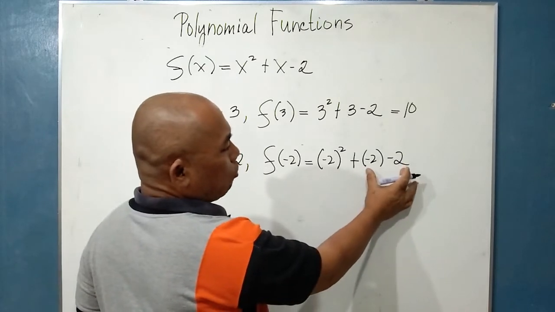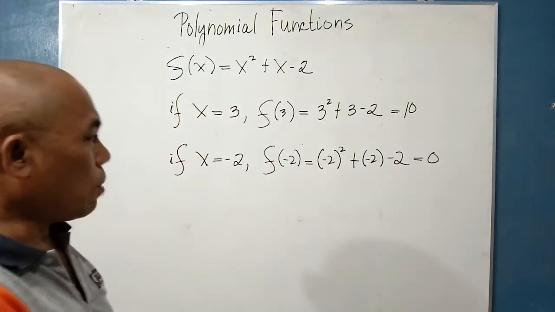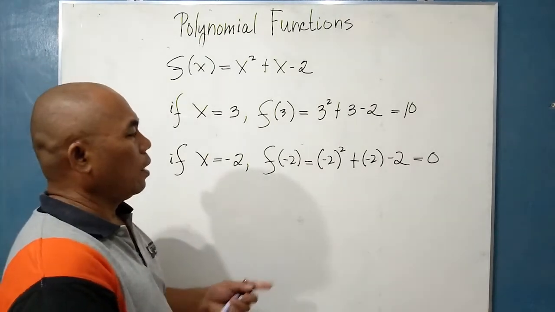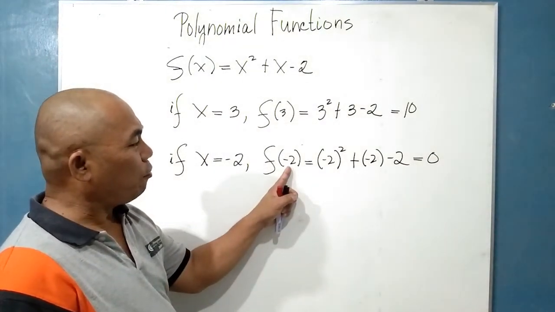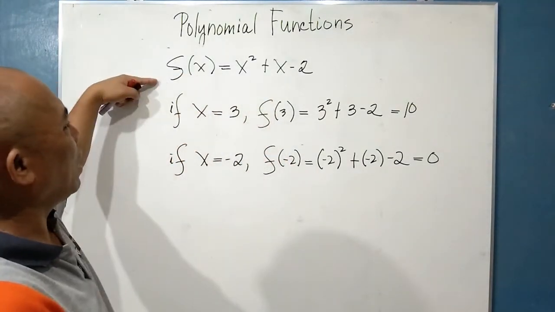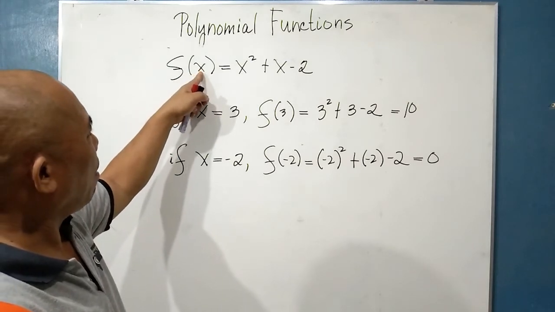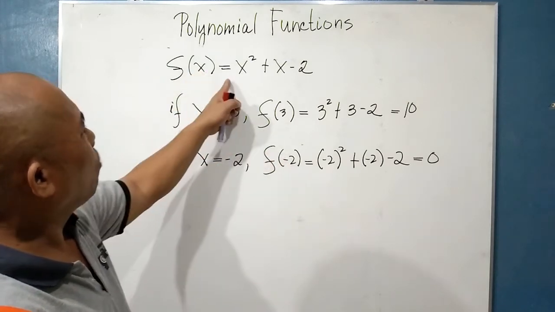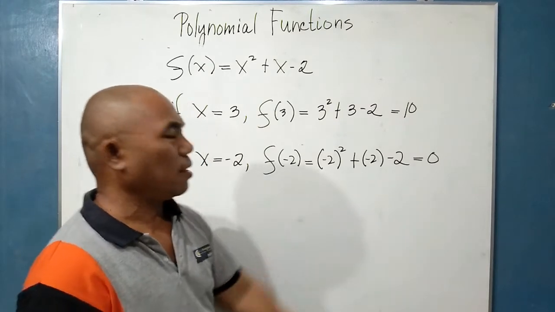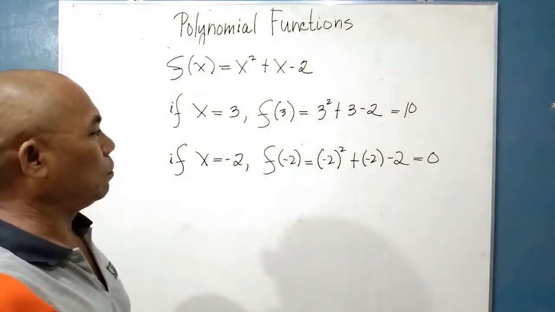This is negative 4. So that's equal to 0. Unsa may gipasabot? Si negative 2 is a 0 ani niya. Meaning, kung siya pulian ana niya, equal ni sa 0 just like this. It's a 0 of this quadratic function. Okay?